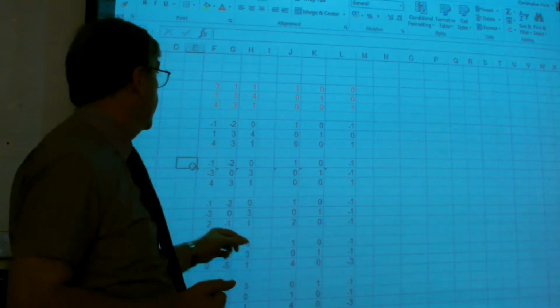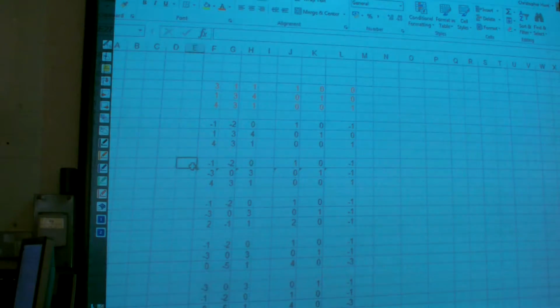So the first thing I've done in this one is to subtract the bottom row from the top row.